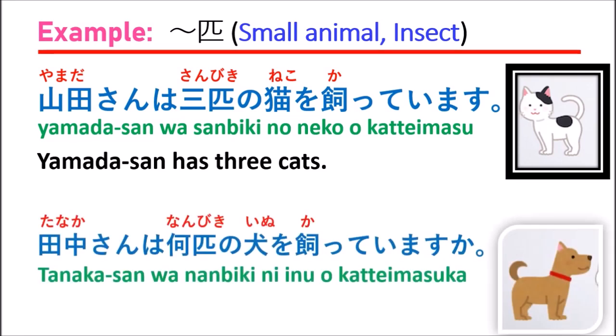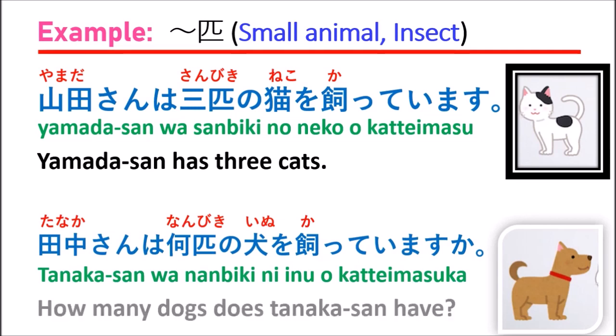Tanaka-san wa 何匹の犬を飼ってますか？Which means, how many dogs does Tanaka-san have?